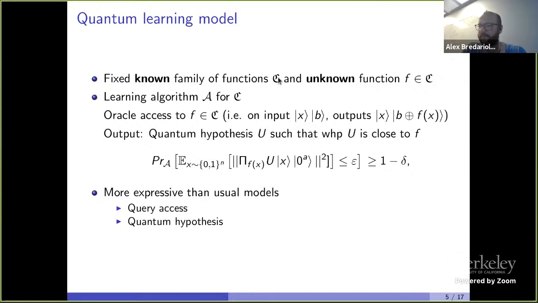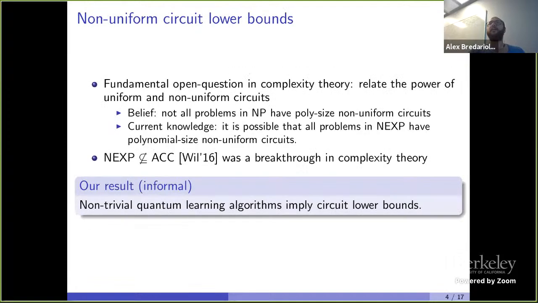Is it clear, Umesh? No. I was a little unclear about what you said about NX versus ACC, that was comparing a uniform to a non-uniform class, right? Yeah, sure. But once you talk about learning, it wasn't clear to me what the analogy is. Oh, okay.